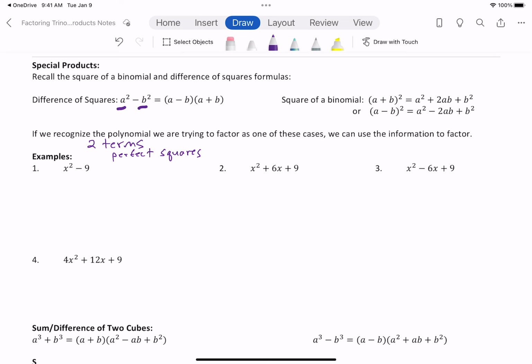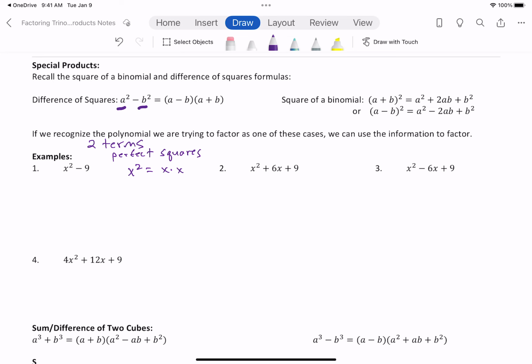So a is the square root of a squared, and b is the square root of b squared. Or you can look at it as, what did I multiply times itself to get that? So if I have x squared minus 9, what I had to multiply times itself to get x squared is x.